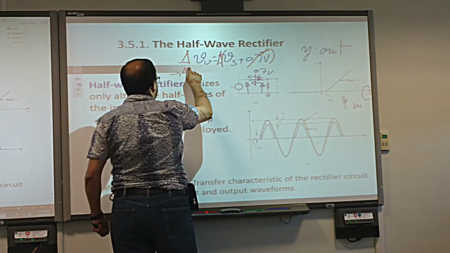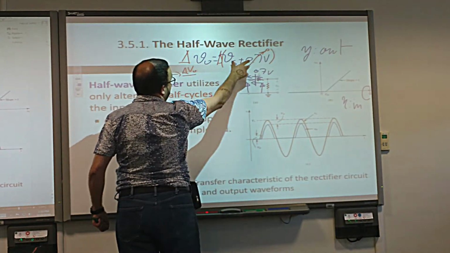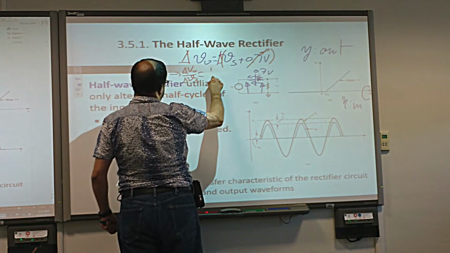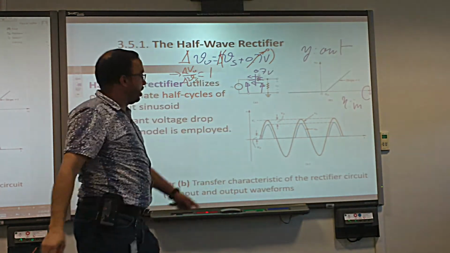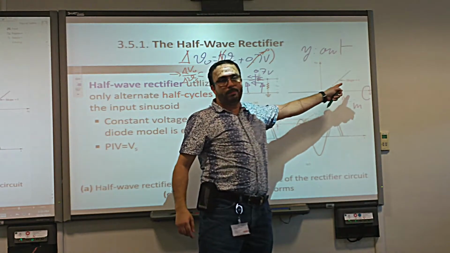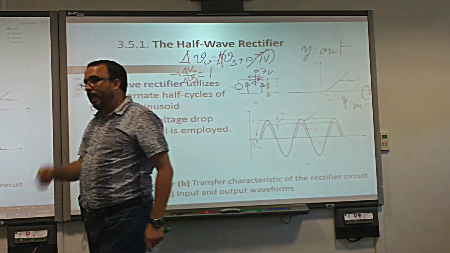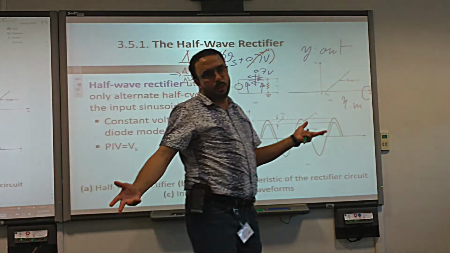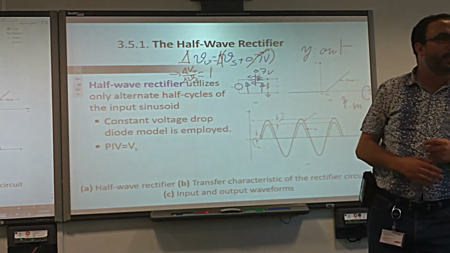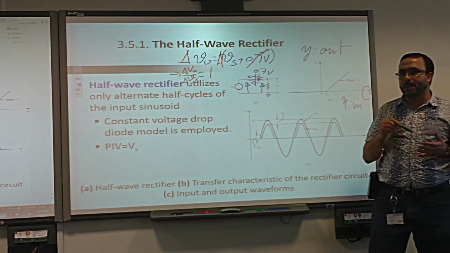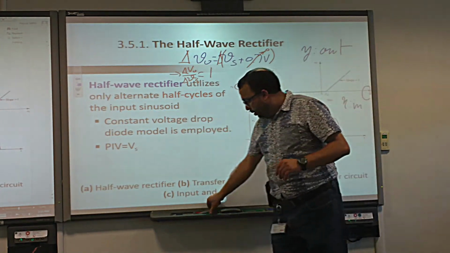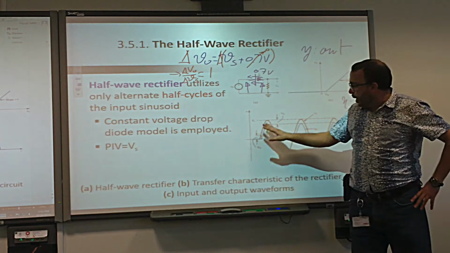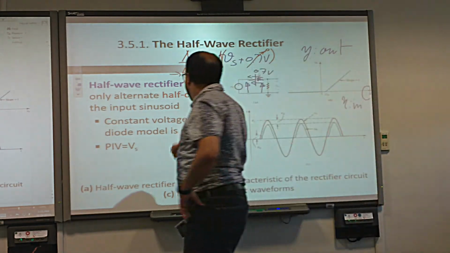So delta V out divided by delta Vs is equal to 1. That's the slope. Got it? But only when Vs is above VD, when we have business, when we have current. When we have no current, there's no equation like this. Good. So this is the first one. We understood this. We are not going to repeat that.